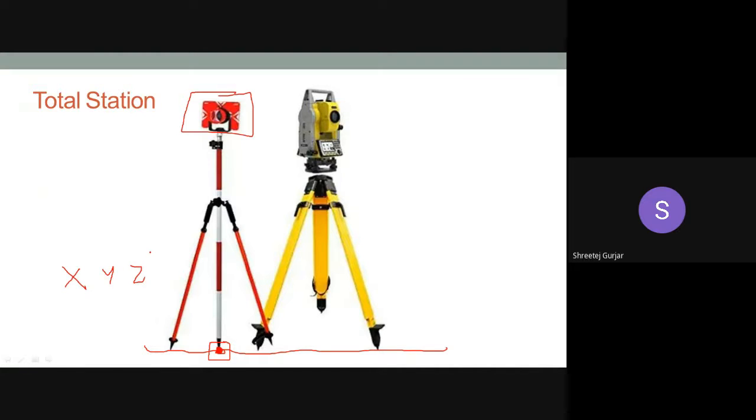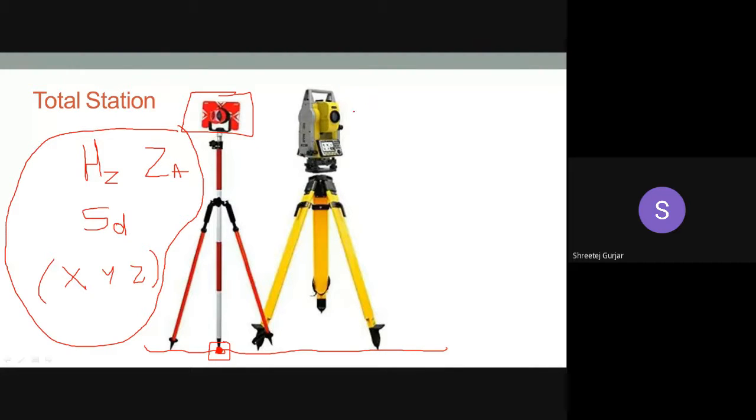The coordinates are achieved, and also the slope distance, I will come to slope distance later, the horizontal angle, and also the vertical angle, also called the zenith angle. All these are measured and automatically stored in the total station for this particular ground point.